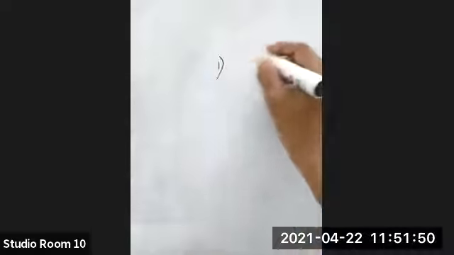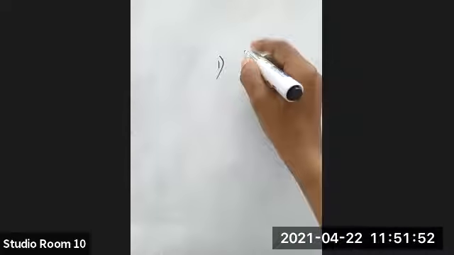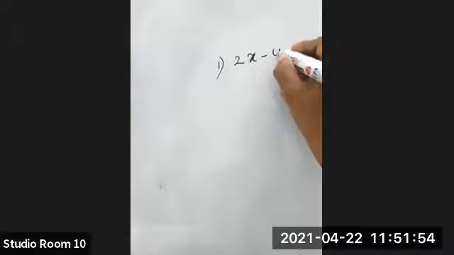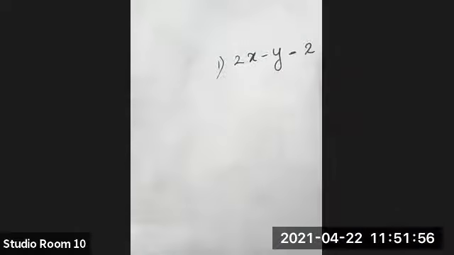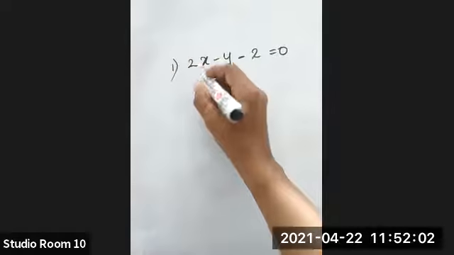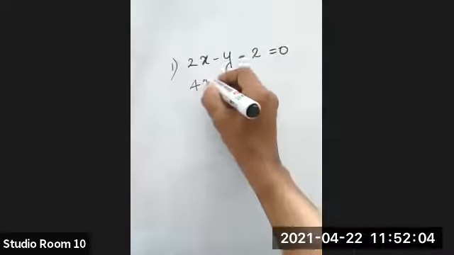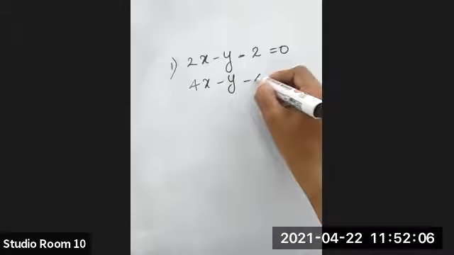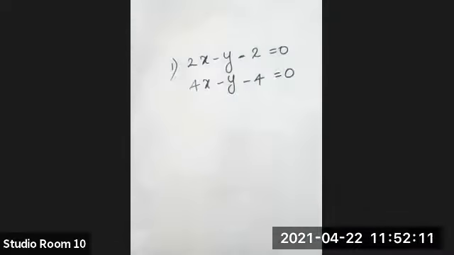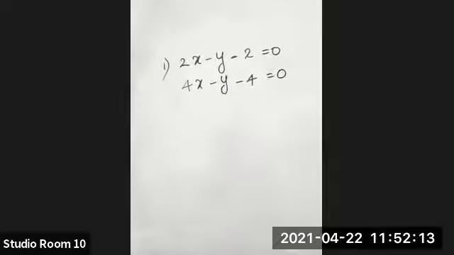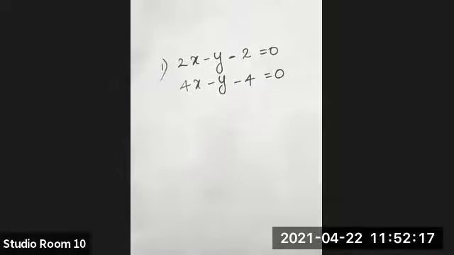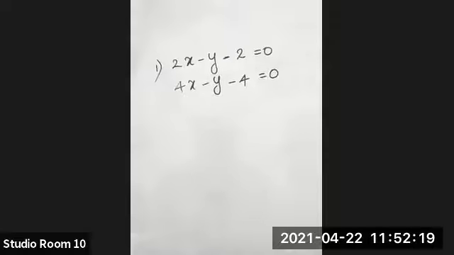Under that, the first one, 2x minus y minus 2 is equal to 0. And the second equation is 4x minus y minus 4 is equal to 0.